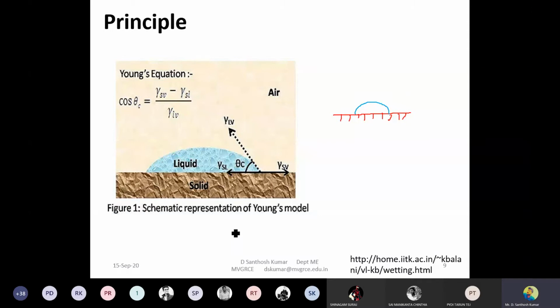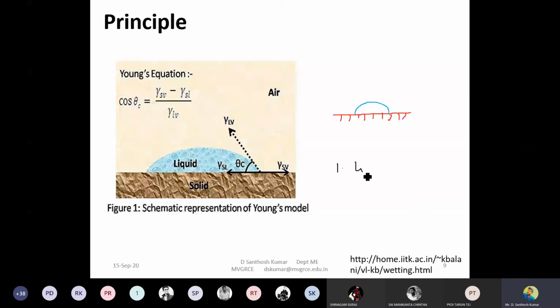Now what happens here depends upon the interactions, the surface energies. Please remember that it depends upon the surface energies. Two things happen. What are the two things? The first thing is that the liquid spreads over the surface. That is a common thing.